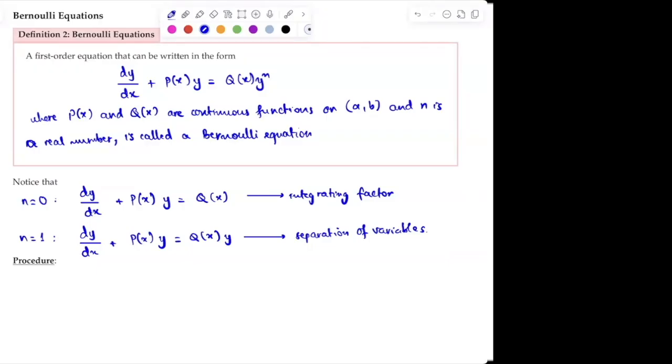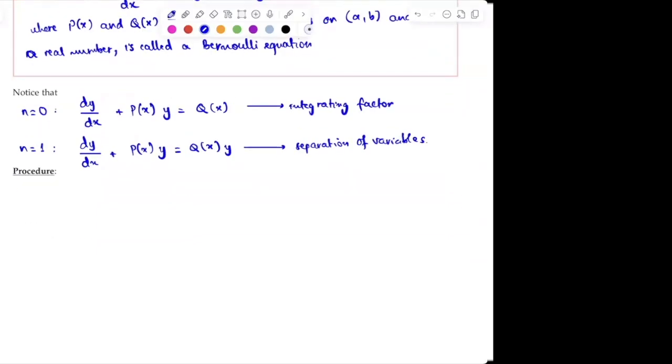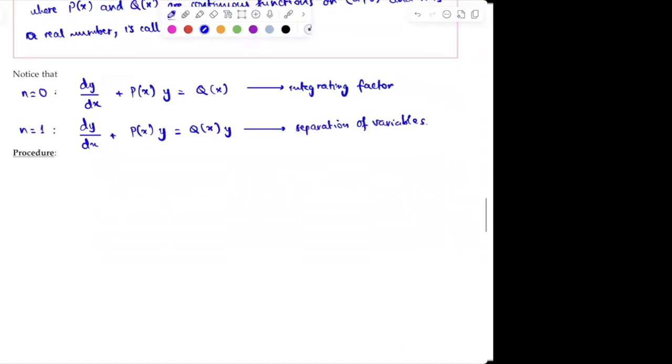Now for the procedure, that is in the case of n greater than or equal to 2. Because again, when n equals 0, you can just use an integrating factor, and when n equals 1, you can just use separation of variables. So when n is greater than or equal to 2, the differential equation is again of the form dy/dx plus p of x times y equals q of x times y to the power n.